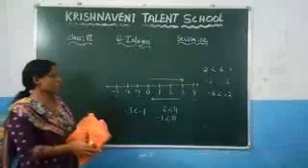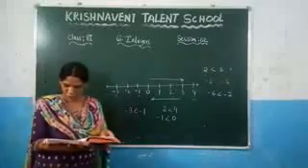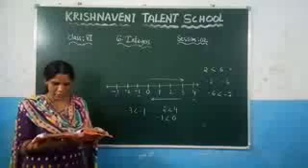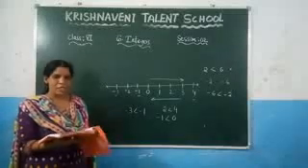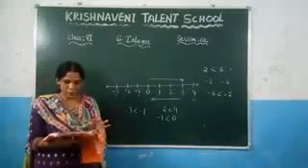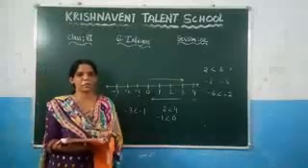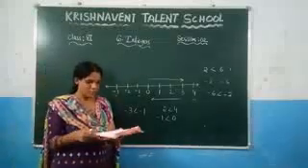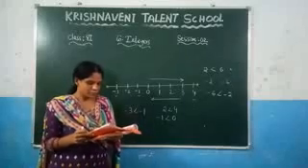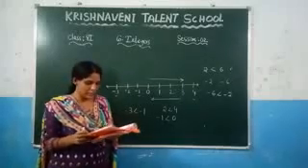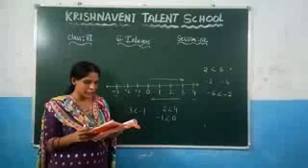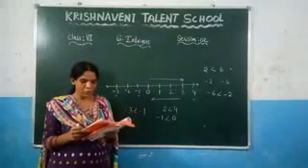After that, if you see page number 73 in your textbook, they have given some examples from our daily life where we use negative integers. The first example: a bird is flying at a height of 25 meters above the sea level.